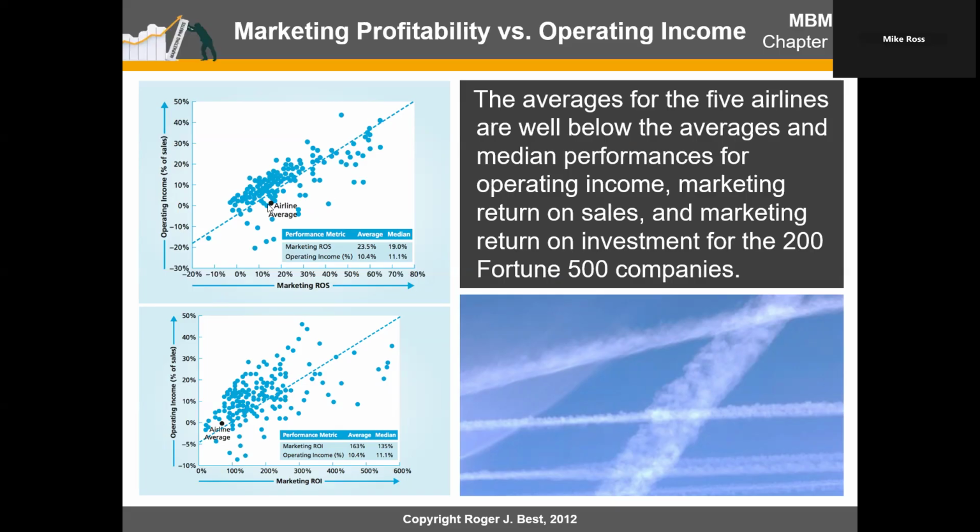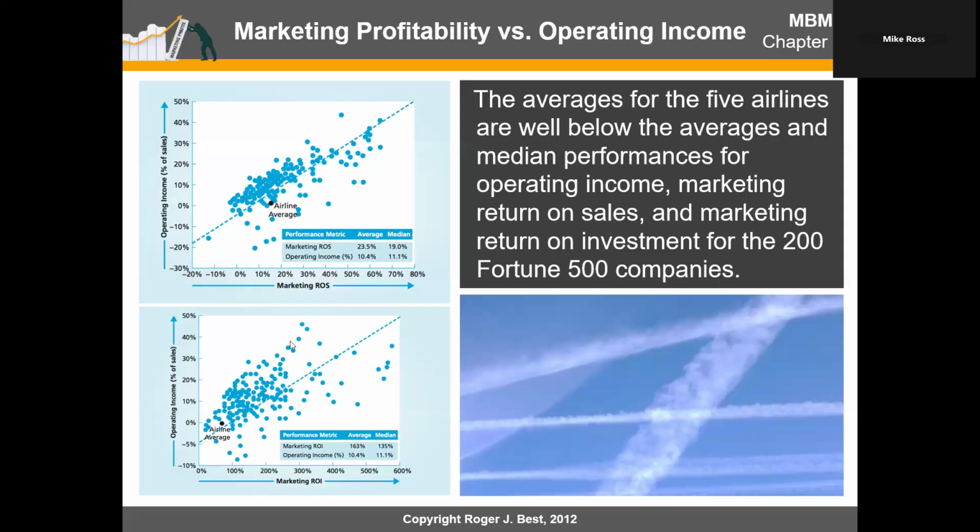It's not too surprising that you're going to see this average airline plot move to the left. Okay. Now, what's interesting here is it does appear the average airline is underwater relative to this 45-degree angle around marketing return on sales versus operating income. But looking at marketing return on investment versus operating income, it's above the line.